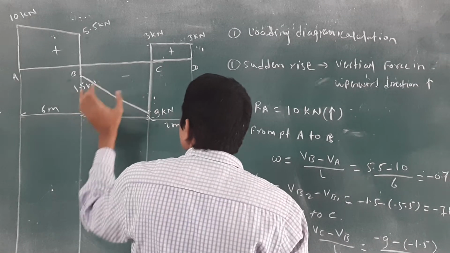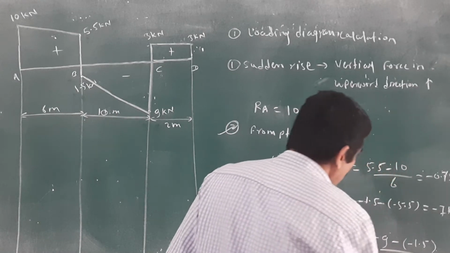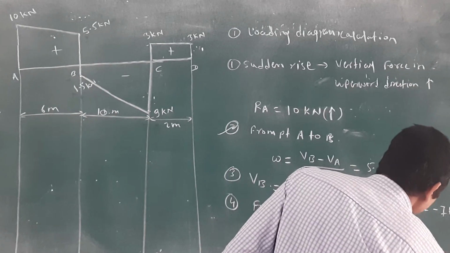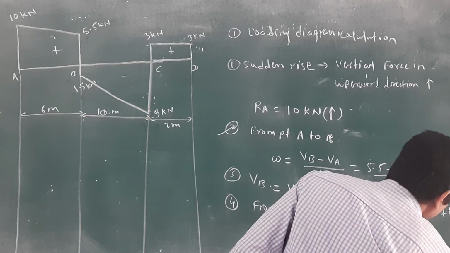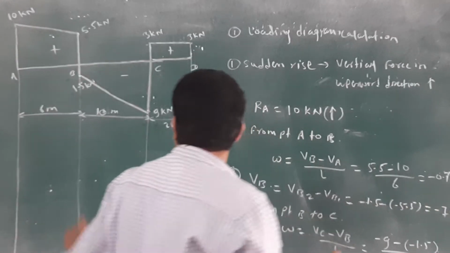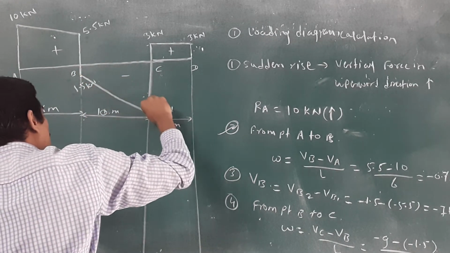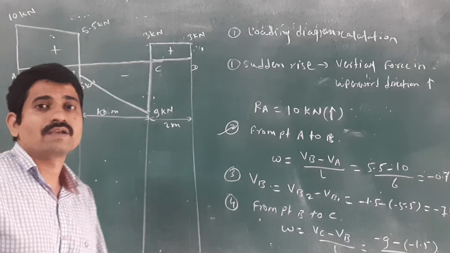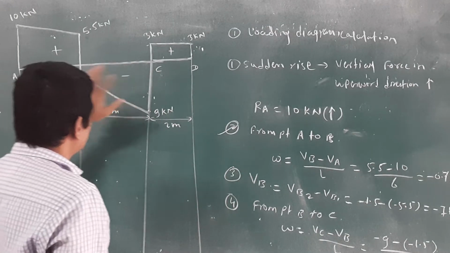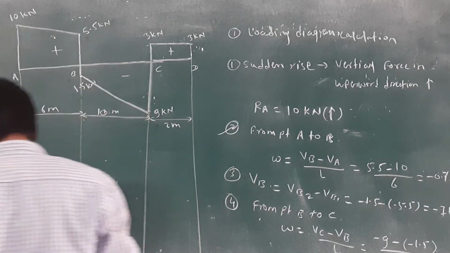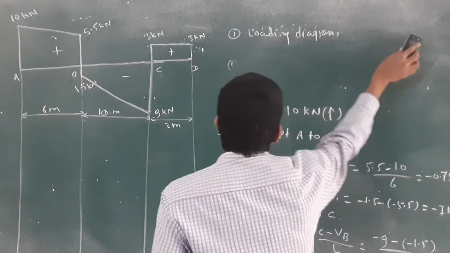And the length between B and C is 10. If you calculate, you will get 0.75 kN per meter. Because if there is a linear decrease or linear increase, then there is a UDL between those 2 points, B to C.